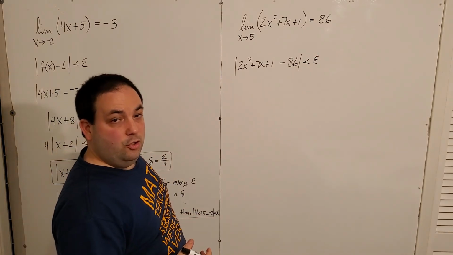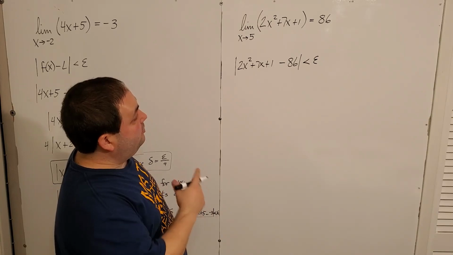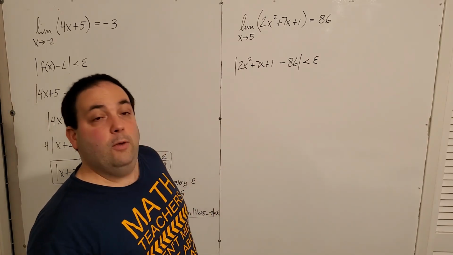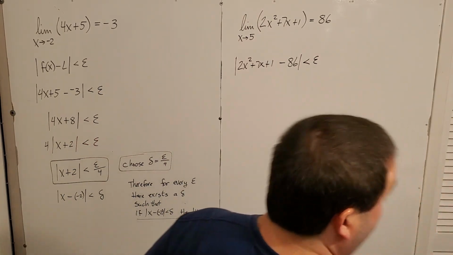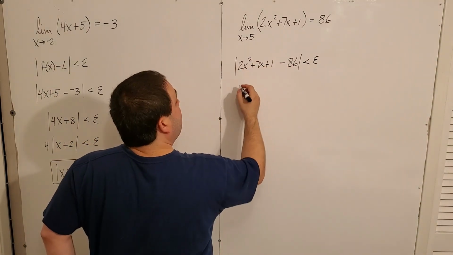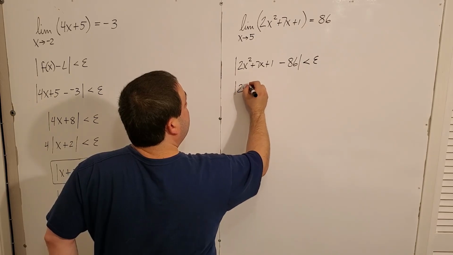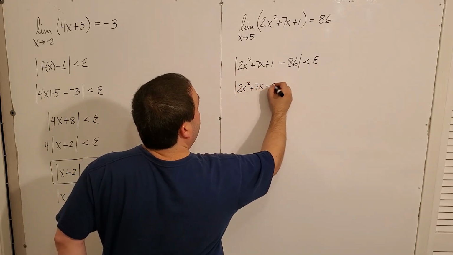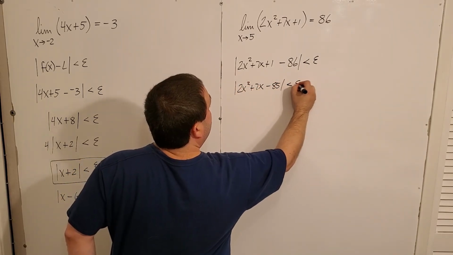For any epsilon you pick, if this limit is truly correct, then that one should work out, right? Okay. So here we go. I'm going to simplify this: 2x squared plus 7x minus 85 is less than epsilon.